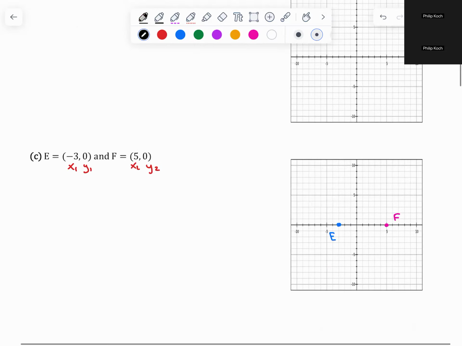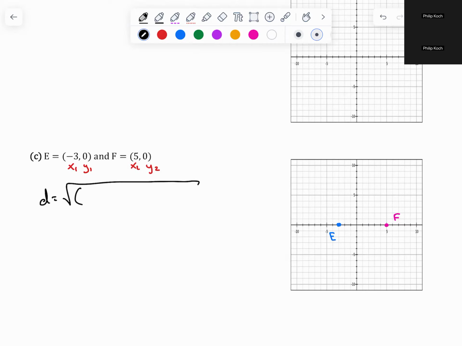But the formula is that d is equal to the square root of the difference of the x coordinates. So x sub 2, which is 5, minus x sub 1, minus -3 squared, plus y sub 2, which is 0, minus y sub 1, which is also 0 squared. And lo and behold, that will equal 8, which is the exact form and the approximate form because it's just a nice number 8.